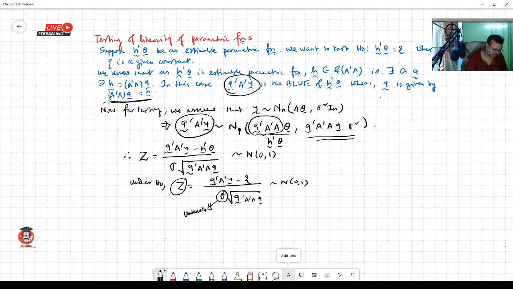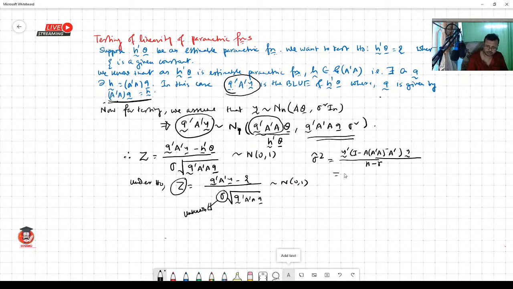So we need to estimate sigma, and the estimate of sigma hat square is nothing but SSE divided by the degrees of freedom; the sum of square due to error has degrees of freedom n minus r.